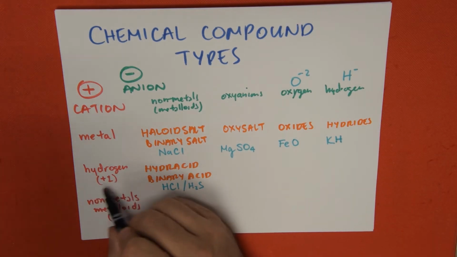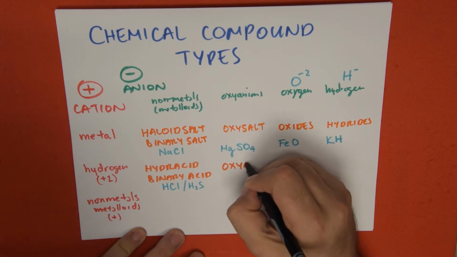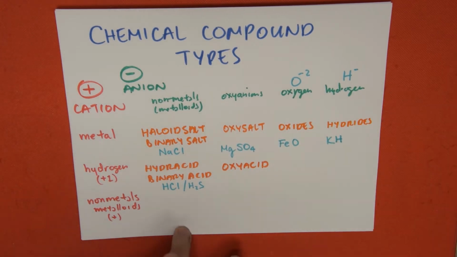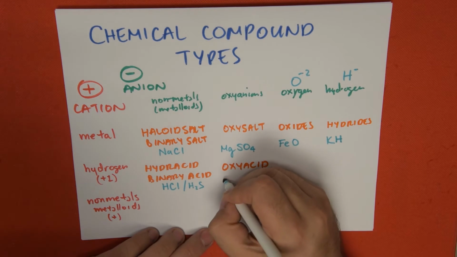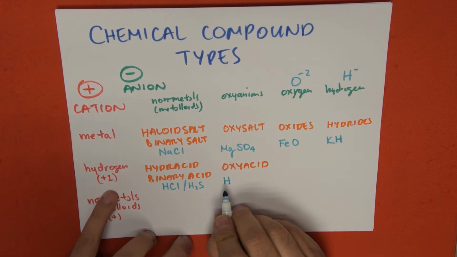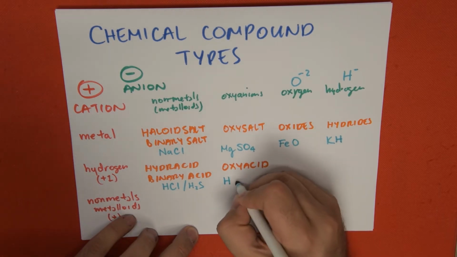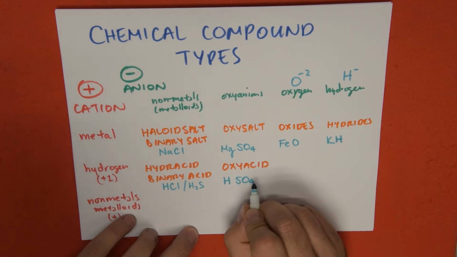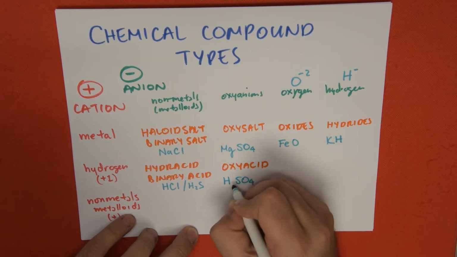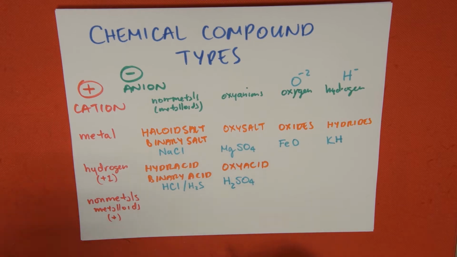Whenever we have hydrogen as a cation and we mix it with an oxyanion, you're going to get something called an oxy acid. Oxy acids are recognized because we have hydrogen as a cation, which is always +1, and then we get an oxyanion. For example, sulfate is -2. Since this is -2, when we do the crisscross, H2SO4, sulfuric acid, which is also pretty standard.